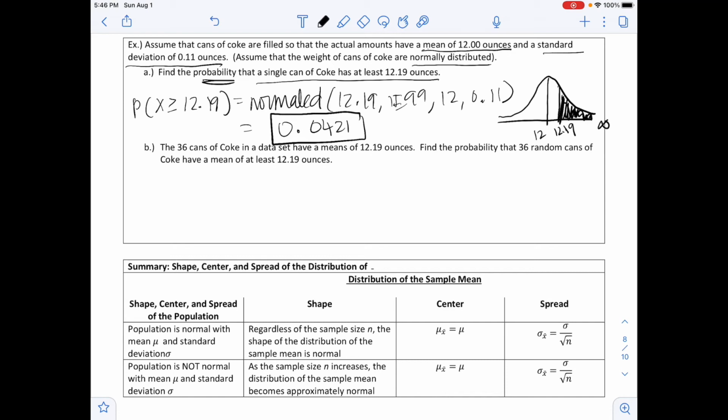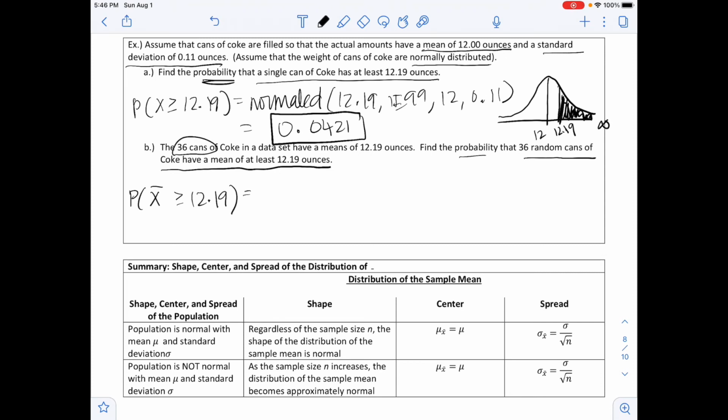Part B says the 36 cans of Coke in a data set have a mean of 12.19 ounces. Find the probability that 36 random cans of Coke have a mean of at least 12.19 ounces. It's a mean amount, so X bar of at least, so greater than or equal to 12.19.